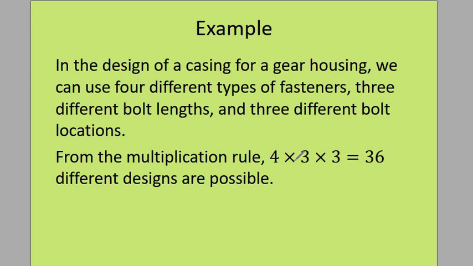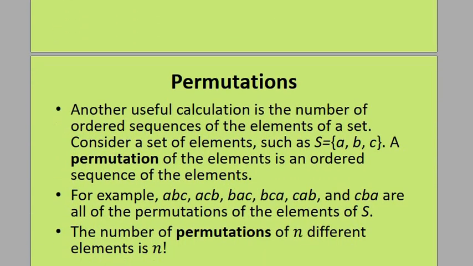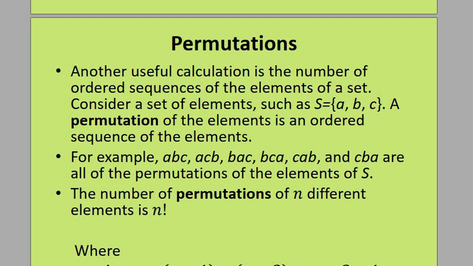So we have 4 times 3 times 3, which is 36 different designs possible from that design experiment. And then permutation.